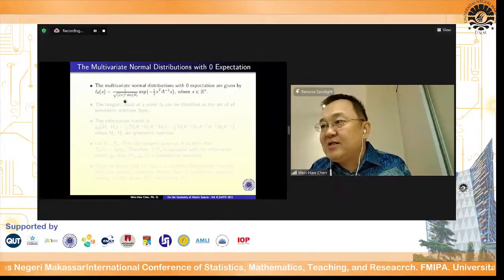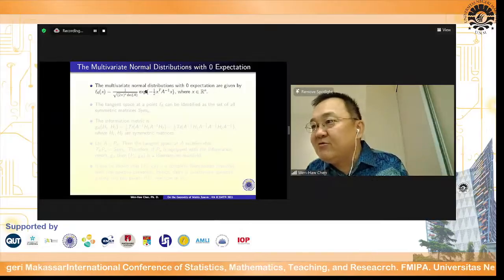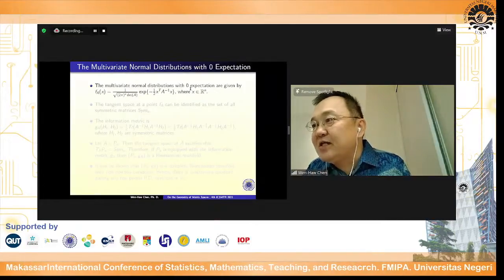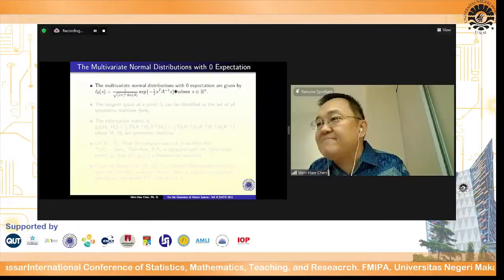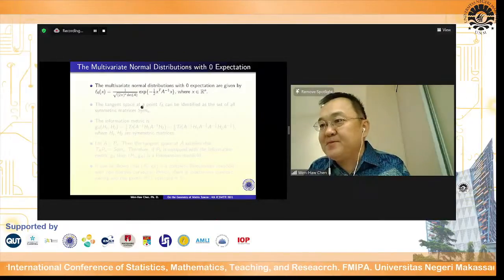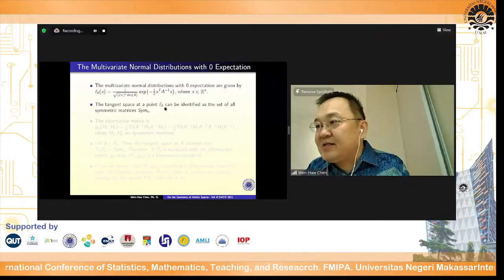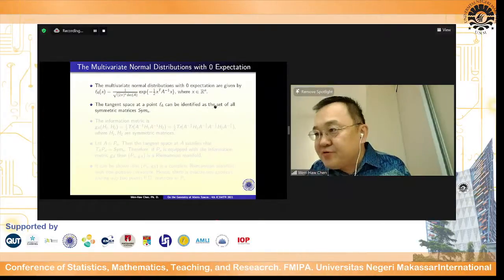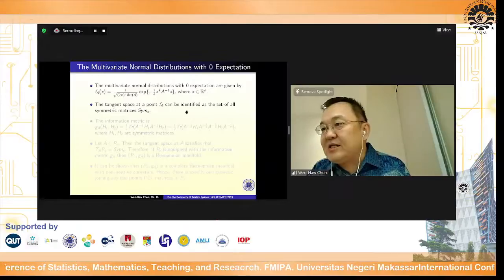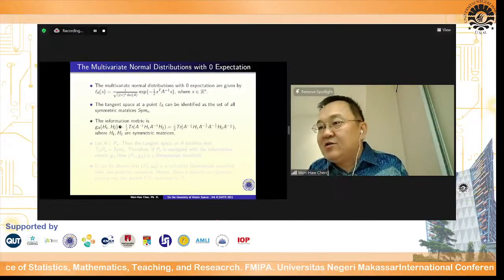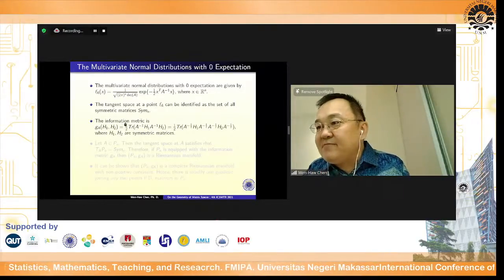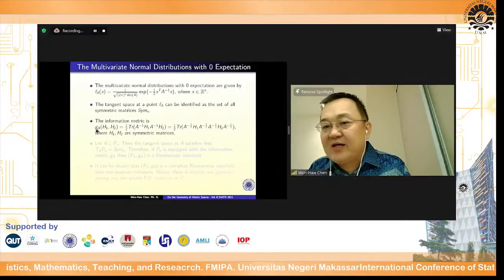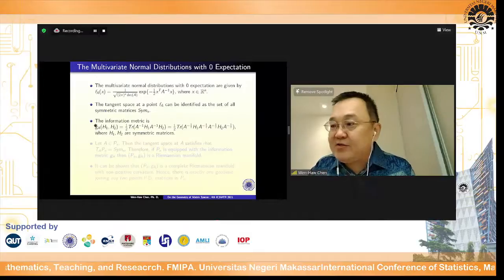This matrix is called the Fisher metric or information matrix. The multivariate normal distributions with zero expectation are given by this formula. The tangent space, as can be shown, consists of symmetric matrices, and the information matrix we get is a positive definite matrix.